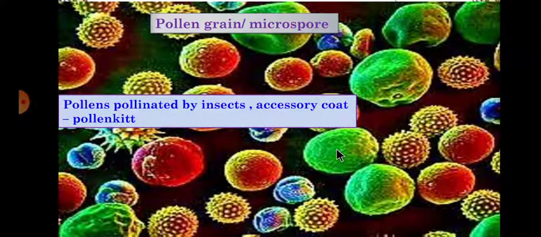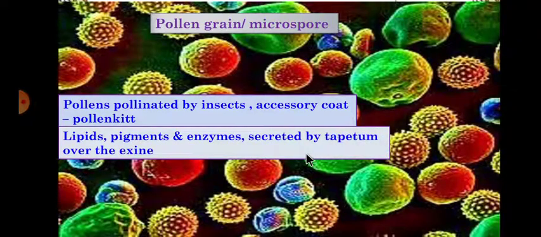Pollen grains which get pollinated by insects will have a sticky layer around them, called pollen kit, and this pollen kit is rich in lipids, pigments and enzymes which are secreted by the tapetum over the exine.